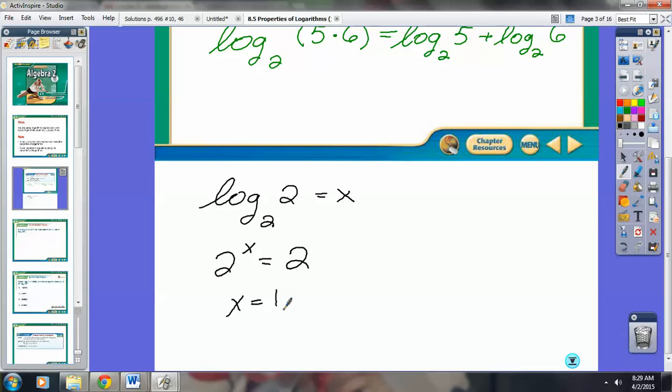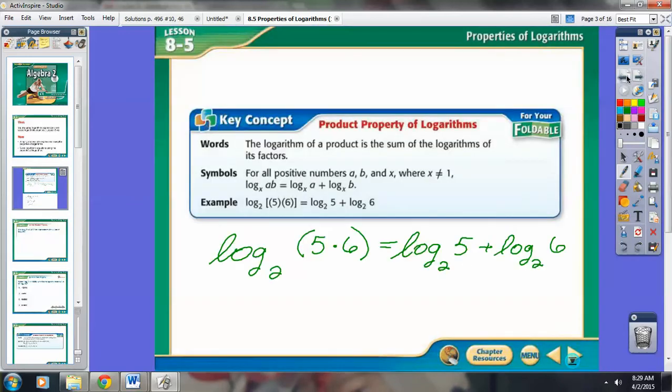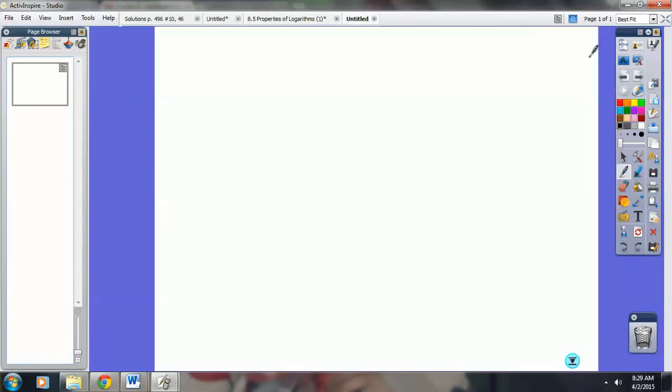Okay, so let's look at our handout and fill in some things. The first property, here are the properties here on your handout sheet. It says the products property. I just gave you an example. Did you guys write that down in that column?